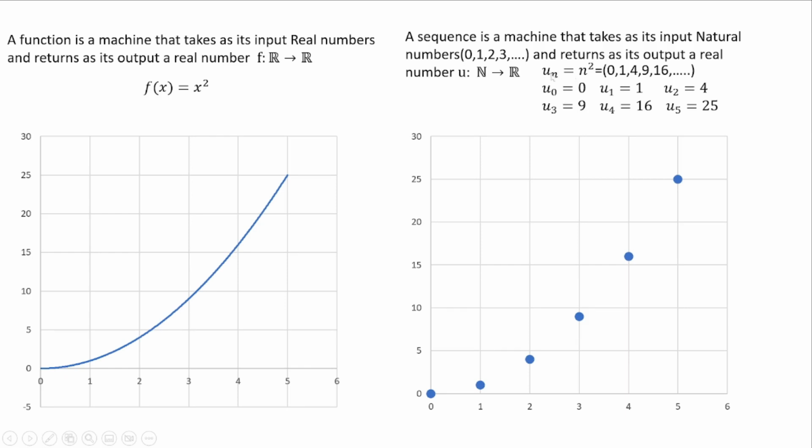If we take a look at the sequence u_n equals n squared, this means that the first term, at n equals 0, we plug in 0, so we get 0. For 1 we get 1, 2 we get 4, 3 we get 9, 4 we get 16.